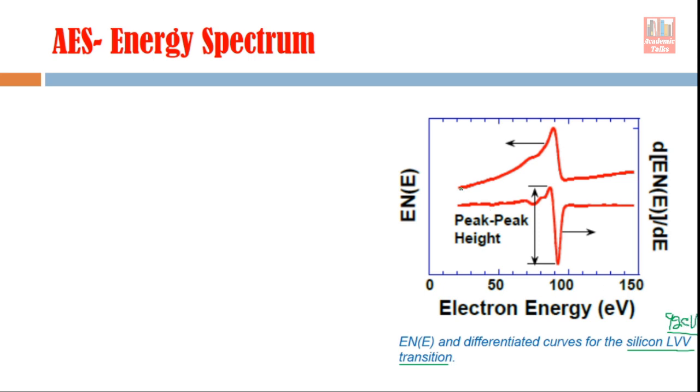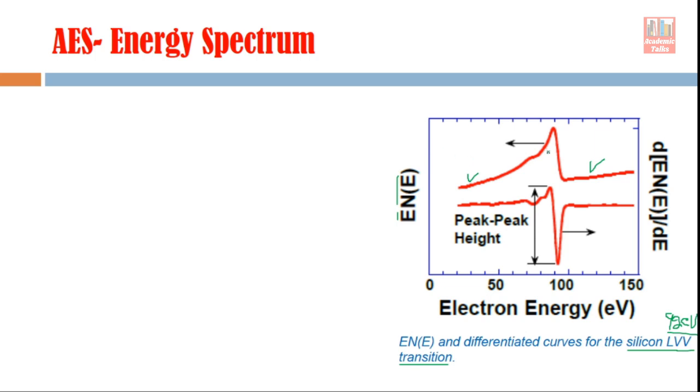So here you can see this upper red curve. On the y-axis is N E, where N is the yield of the electrons and E is the energy. So what is plotted here is energy times the yield of the electrons. For this curve, this arrow indicates that this y scale we have to consider.